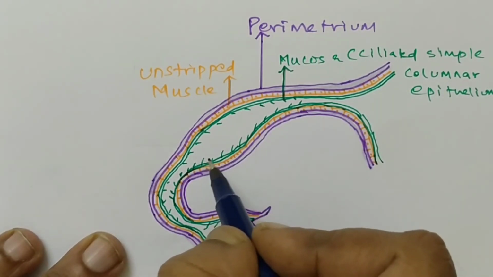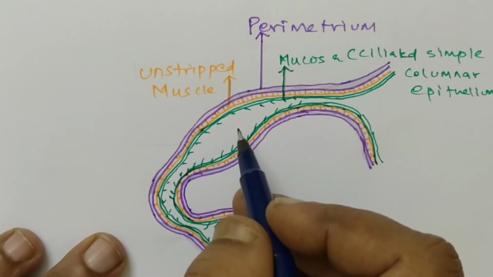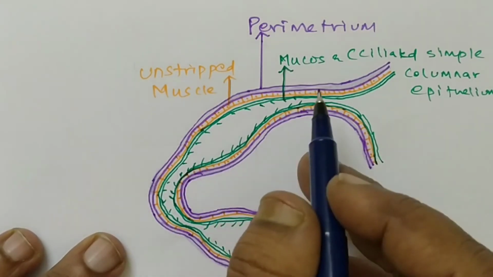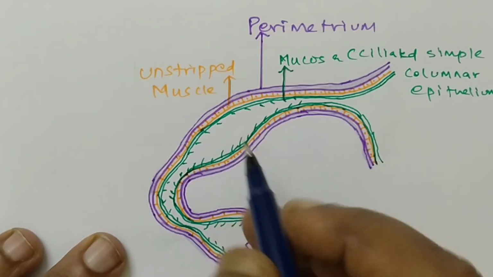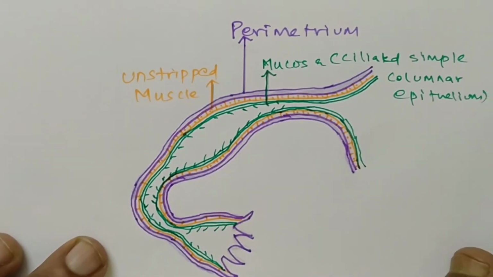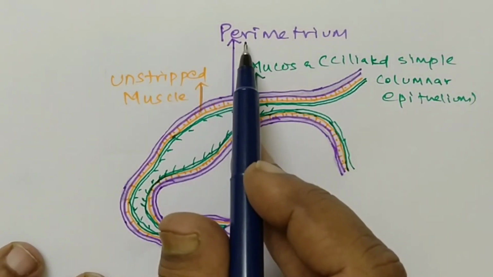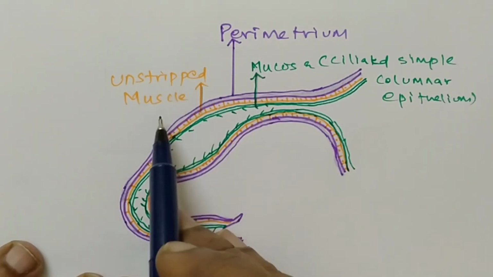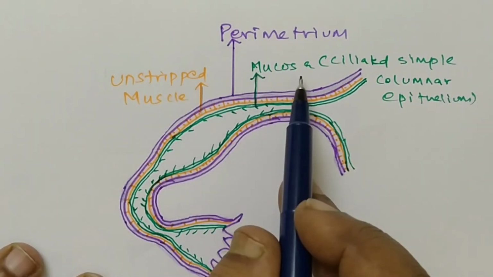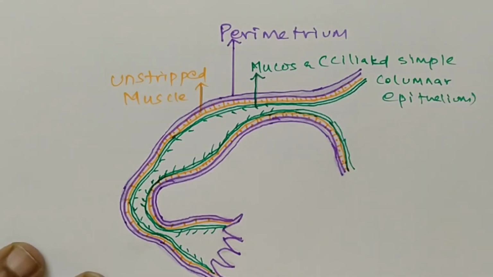That cilia is useful for the movement of the egg from the infundibulum to the ampulla part, so that within the ampulla part the fertilization occurs. With the movement of the egg, that cilia is much more important. So there are 3 layers present in the fallopian tube: the outermost layer perimetrium, the middle layer unstriped muscle, and the innermost layer mucosa, which is made up of ciliated simple columnar epithelium.